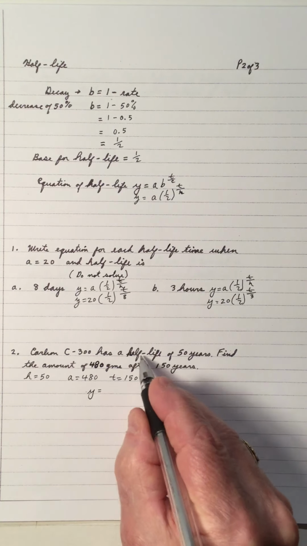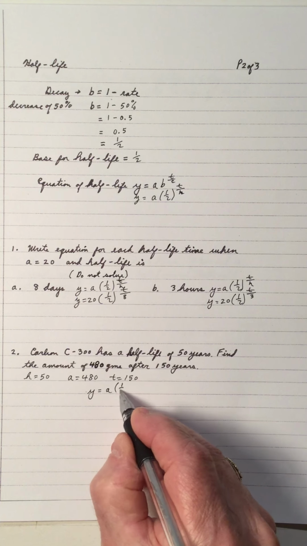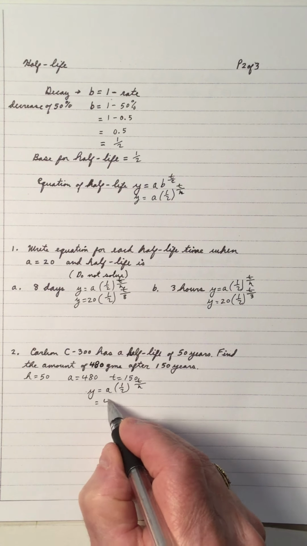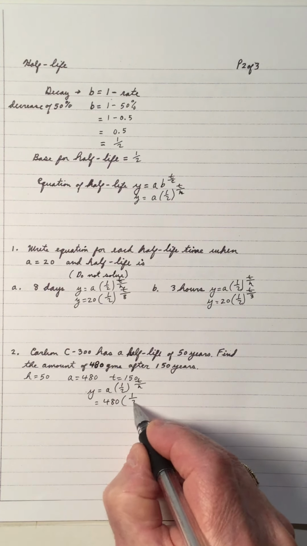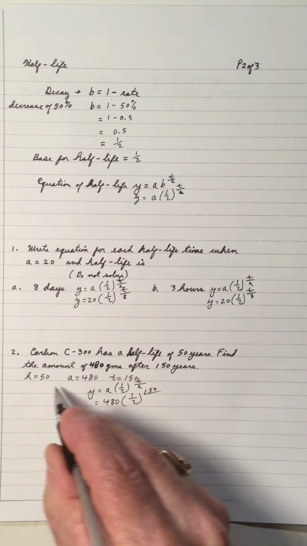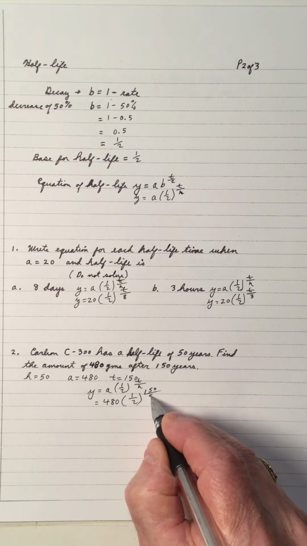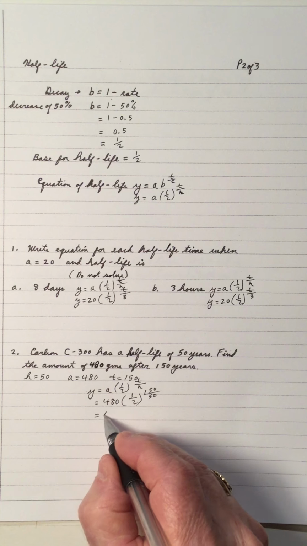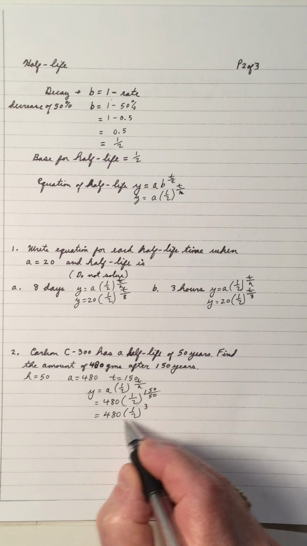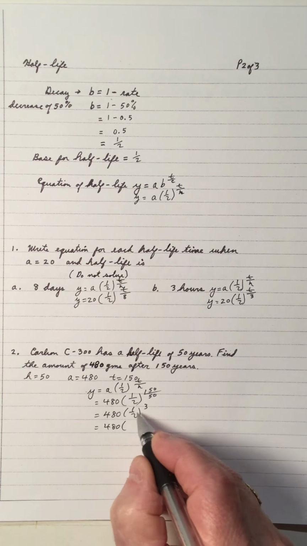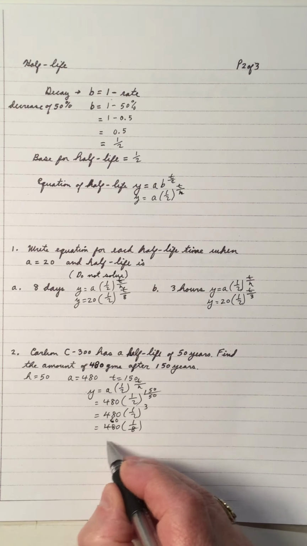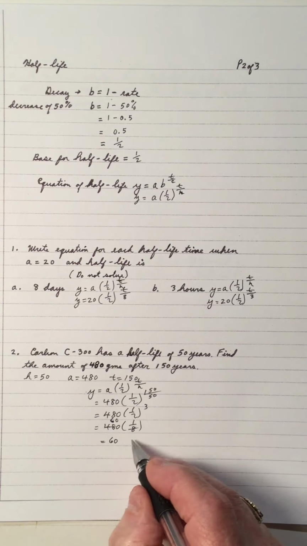So y equals A times 1/2 to the T over H. A is 480, the base is a half, the time elapsed is 150, and the half-life time is 50 years. So every 50 years it goes to half its mass. So 480 times 1/2 to the 150 divided by 50, which is 3. 1/2 cubed is 1/8. 8 into 480 goes 60, so the answer is 60 grams.